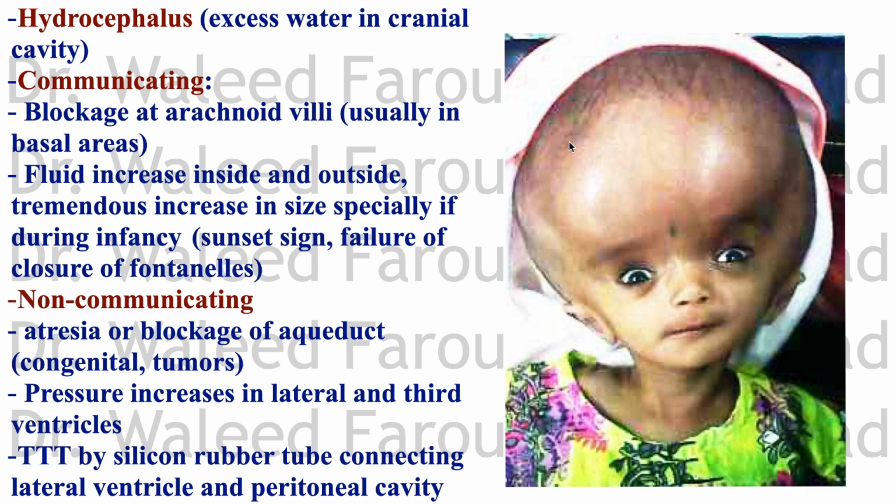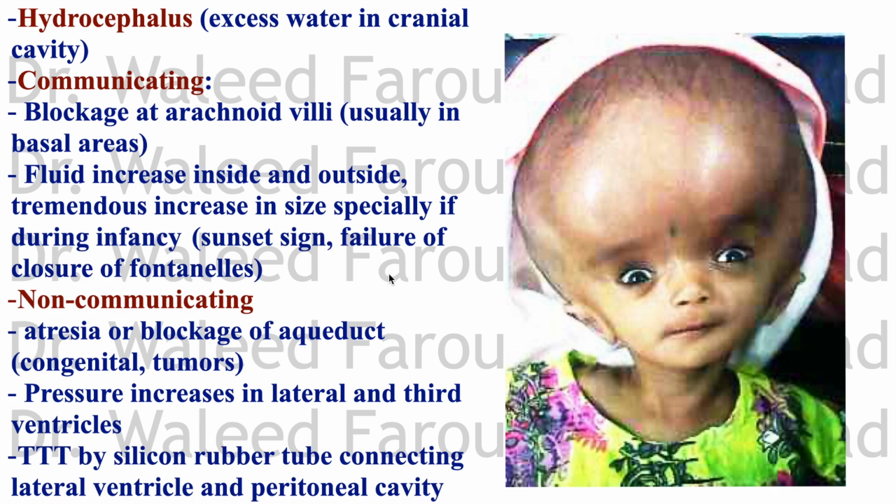Hydrocephalus, as you can see here, means excess water in the cranial cavity. We have two types of hydrocephalus, communicating type and non-communicating type. Communicating type is due to blockage at the arachnoid villi, with fluid increase inside and outside.